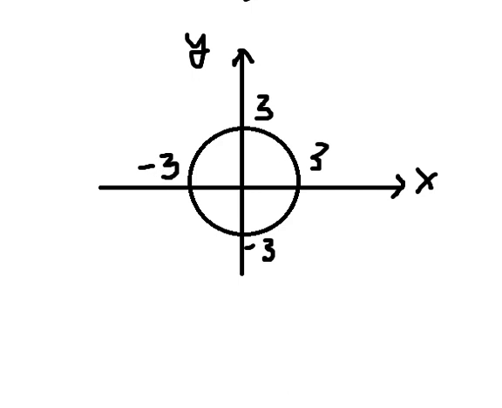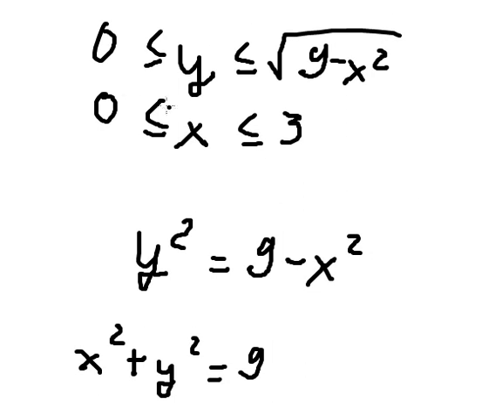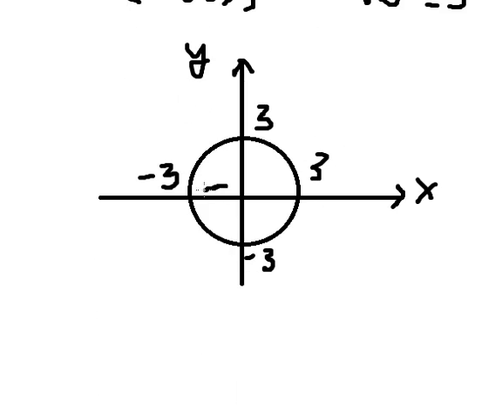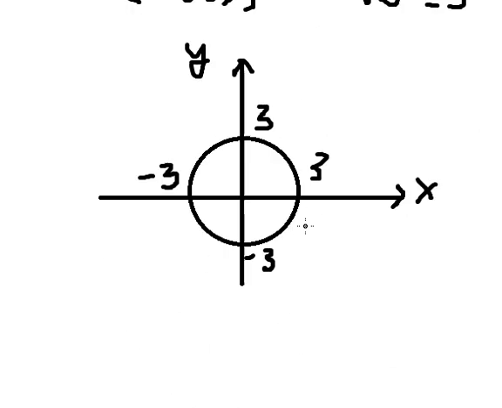So on this one, we can see that y is greater than or equal to 0 and smaller than this one. So that is this part in here. But on the x, they start at 0 and they stop at 3. So that means we just have only this one.